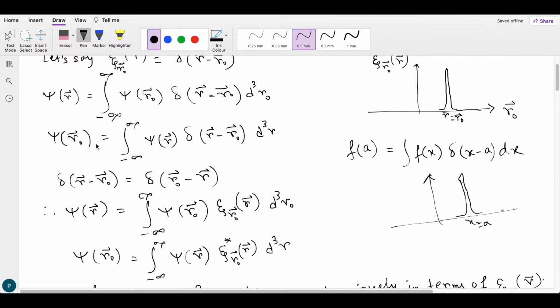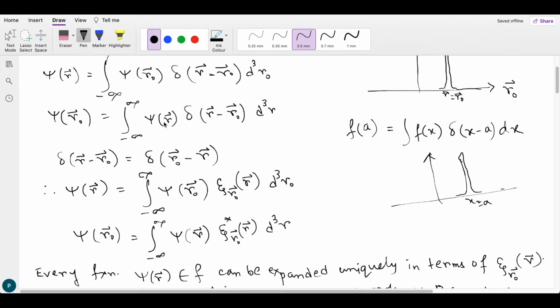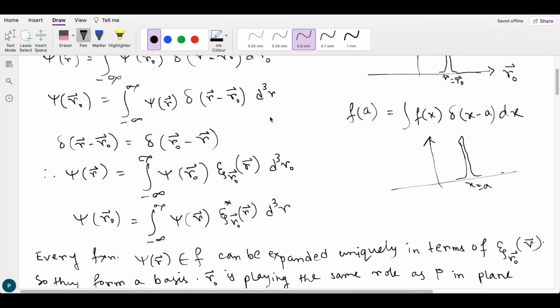Similarly, psi of r naught can be written as the integral of psi of r delta of r minus r naught d3 r. Here the variable is r and r naught is the position of the spike, and we know that delta of r minus r naught is the same as delta of r naught minus r.